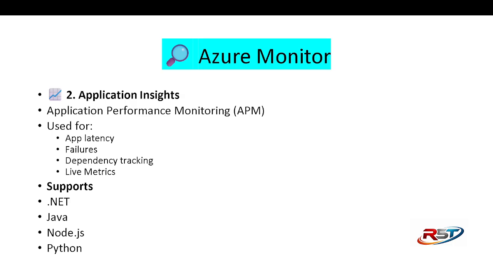Any app latencies, failures, dependency tracking, and live metrics. So how the application is performing, what workflows it is getting, and any failures. Application Insights helps with all these things.